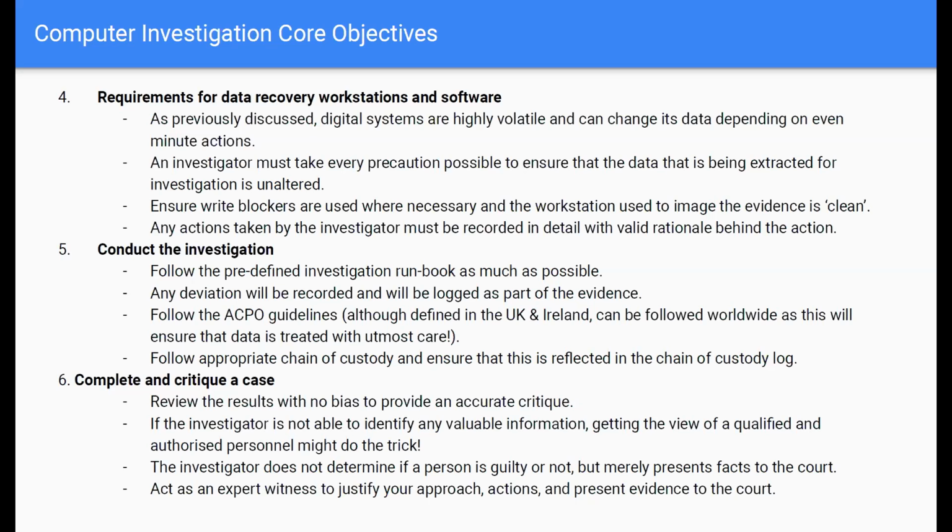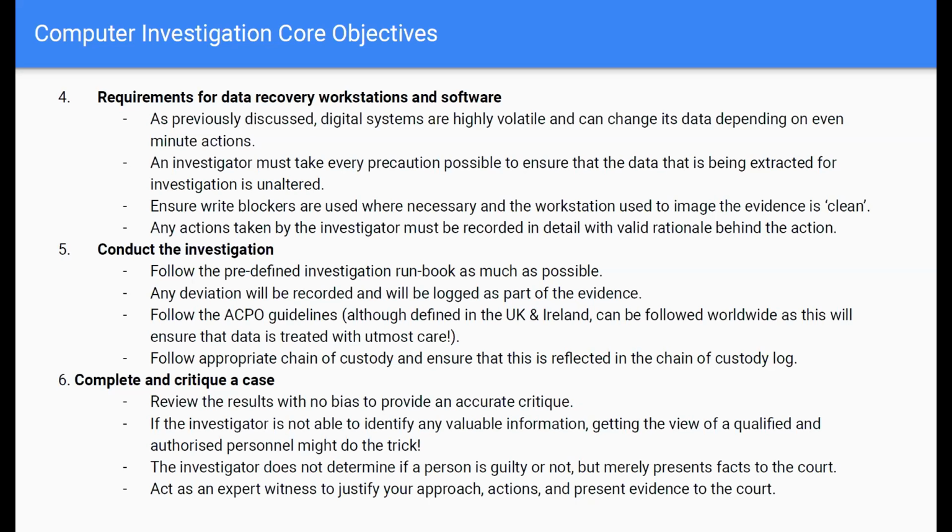If you clone a hard disk onto a pre-used hard disk, you run the risk of having partial data from some old case which has no relation to this one, in which case, again, it's not admissible data, and the case will be thrown out of court because that data has been tampered with.